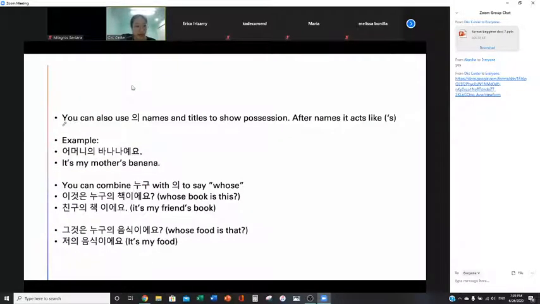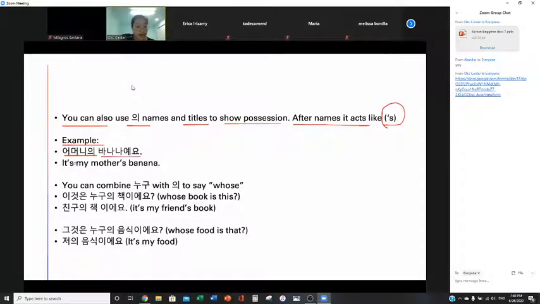Okay, so you can also use names and titles to show possession, showing it's yours. After a name, it acts like 's in English. So right here, for example, 어머니의 바나나예요. It's my mother's banana.